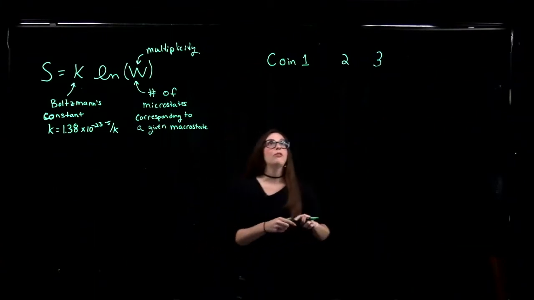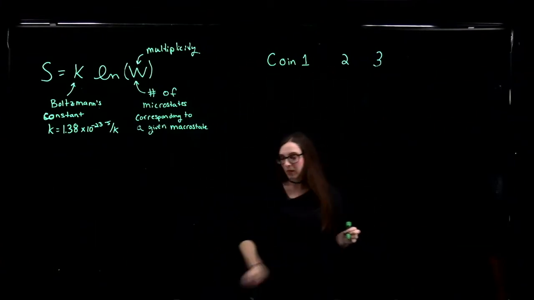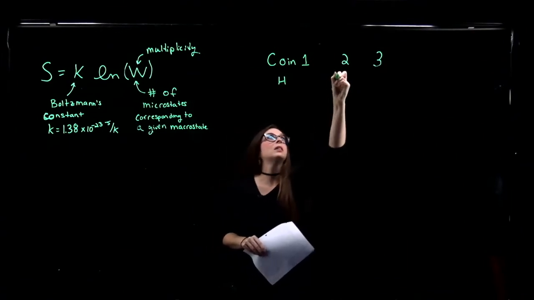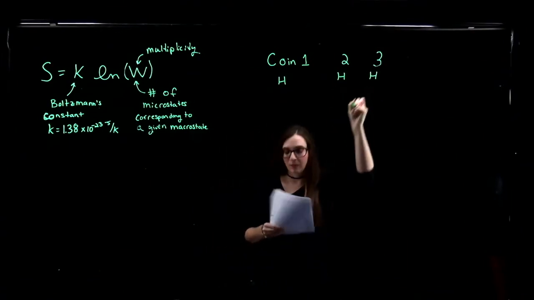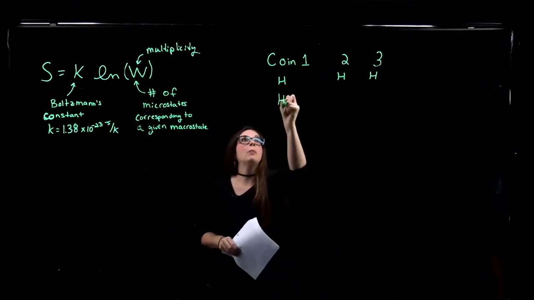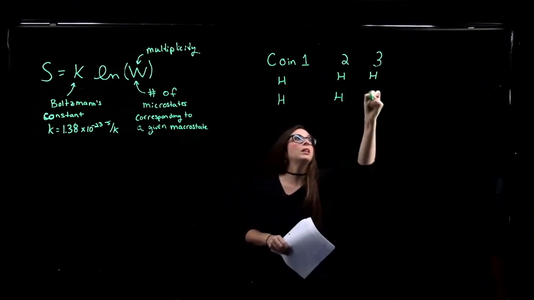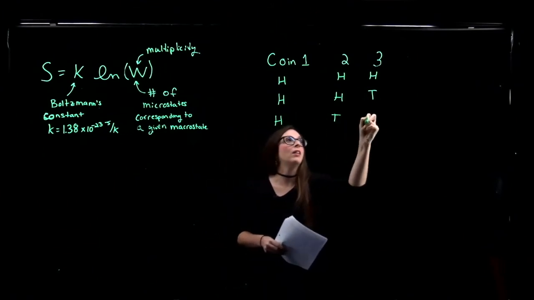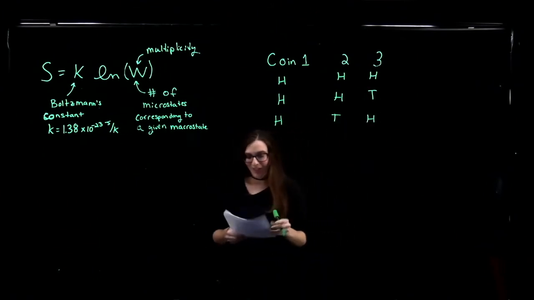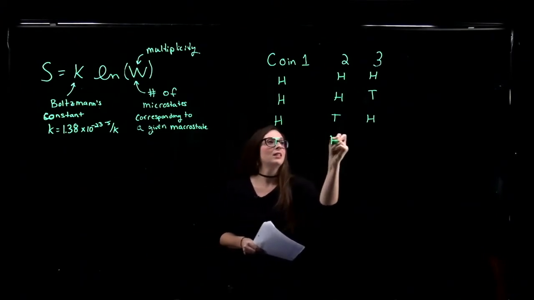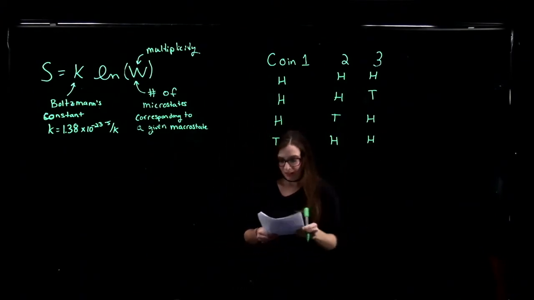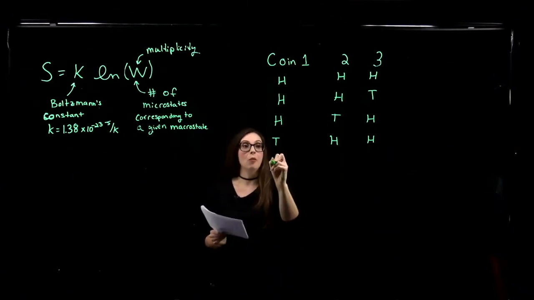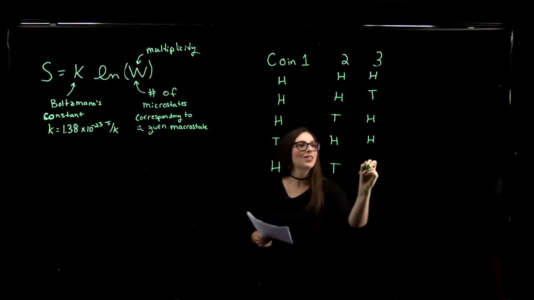So whenever you flip these 3 coins, coin 1, 2, or 3, you could have all of them be heads. Okay? You could have 2 of them be heads and 1 be a tail. You could have 1 head, 1 tail, 1 head. You could have 1 tail, 2 heads. We could have 1 head and 2 tails.